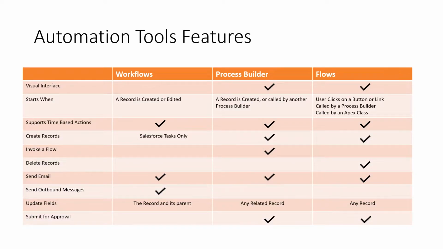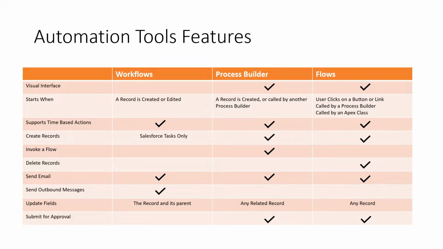All right, so let's begin with the automation tools features. These are the three main automation tools, and each one of them has a totally different visual interface and capabilities. In terms of visual interface, workflows are pretty simple.